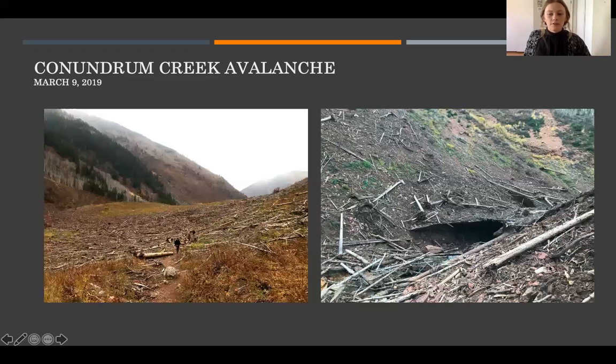So these are images from when I visited this site. Like I was mentioning in the picture before, the avalanche completely filled in the little ravine where Conundrum Creek flows. And this right here is actually a bridge that was left over from the snow that filled in that ravine.